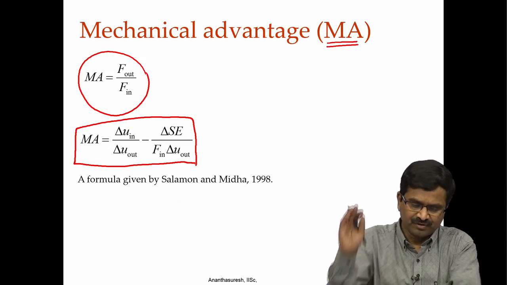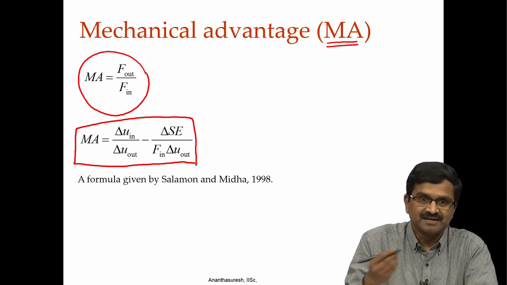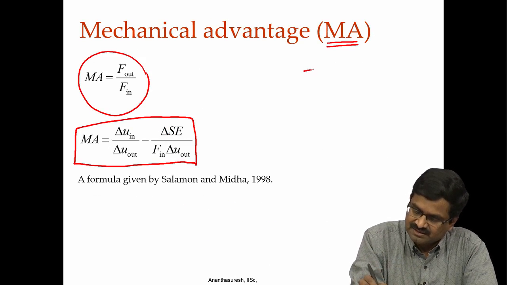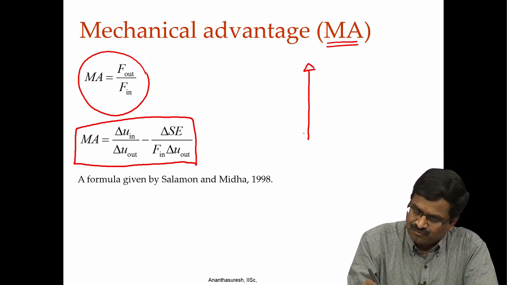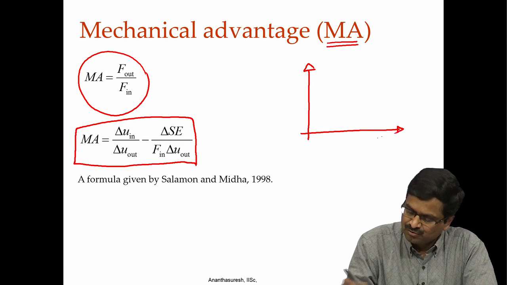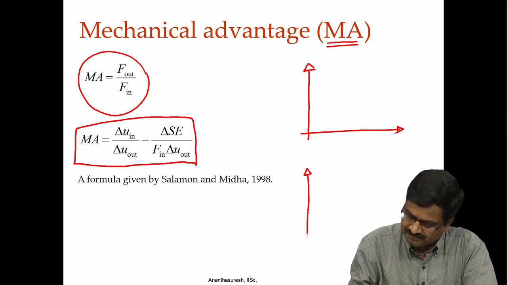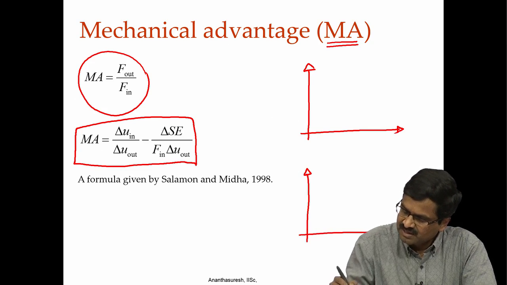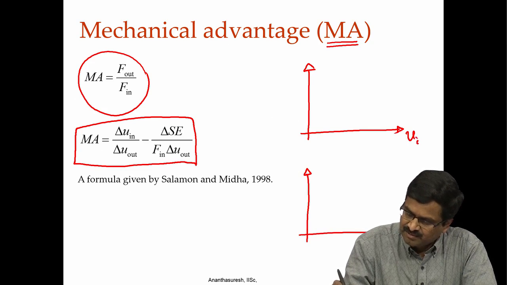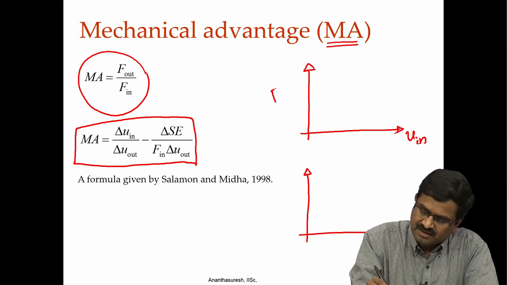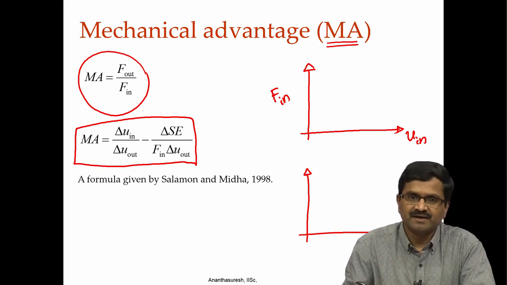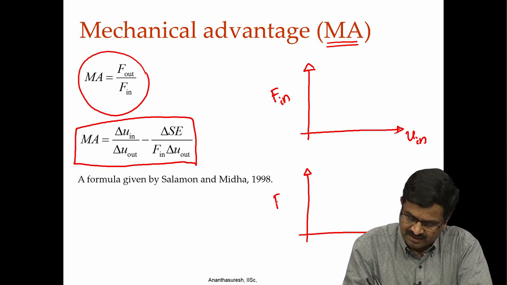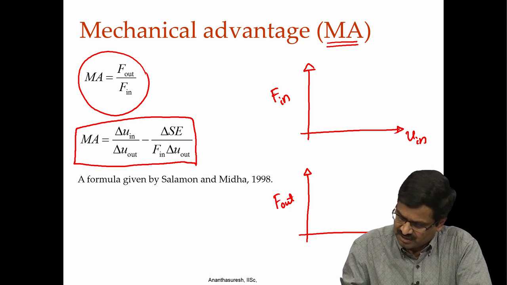So, before this, let us actually see what this delta u_in, delta u_out and all that is. So, let us look at two plots. Let us say there is input displacement and then input force F_in, u_in, and then F_out and u_out.